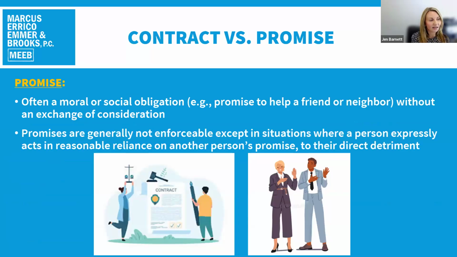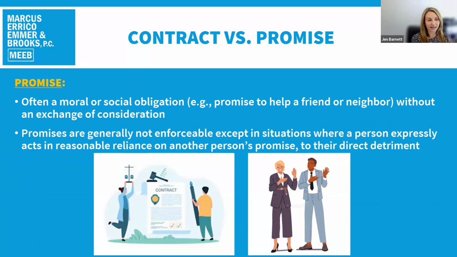A promise is typically not enforceable unless somebody relies on it. If somebody acts or refrains from taking action because of a promise, that's called detrimental reliance. That may form a basis to pursue relief if the party who reasonably acted in reliance on that promise suffered damages.